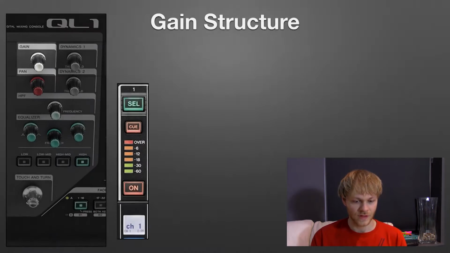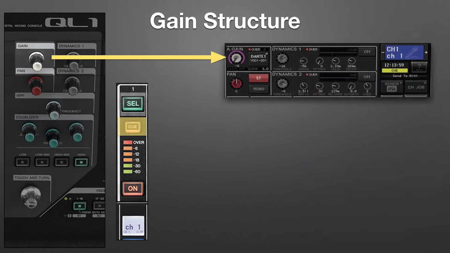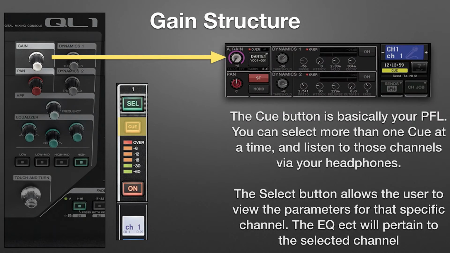Moving on, another way of affecting the channel's gain is we need to select the Q button on the corresponding fader for that channel. This allows us to use the PFL, so we can use the meter on there. If we use select on the other hand, this will bring all the parameters up for that channel.